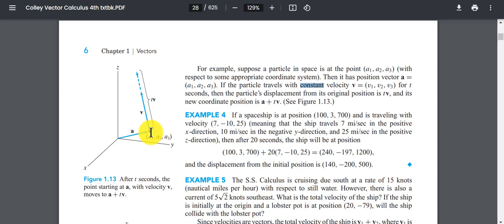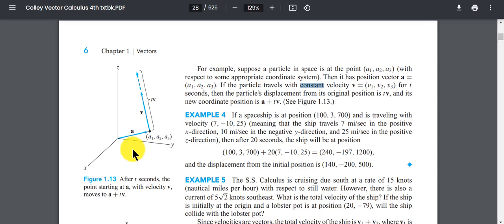So we're going to let t equal the number of seconds, and we're going to say that the velocity is given per second. And you might ask, why are there three elements in the velocity? We can break up the velocity into its so-called x component, y component, and z component.